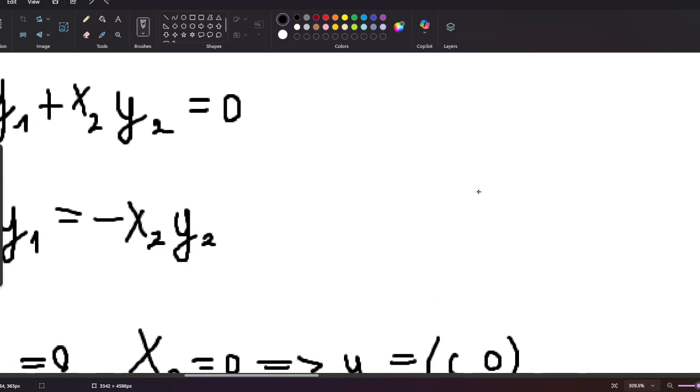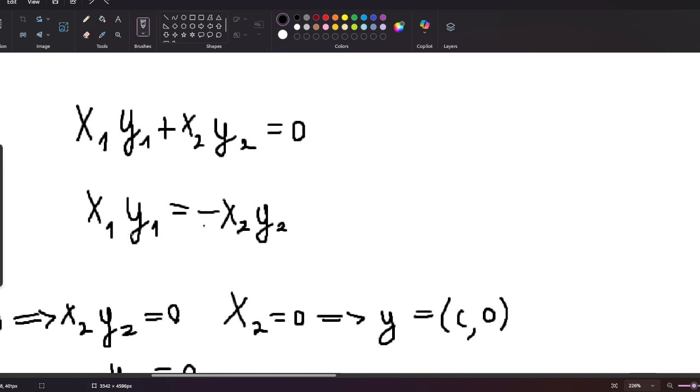So what we're gonna do is divide both sides by negative x2. Well, we can divide it by just x2. So x1 over x2 times y1 equals y2.